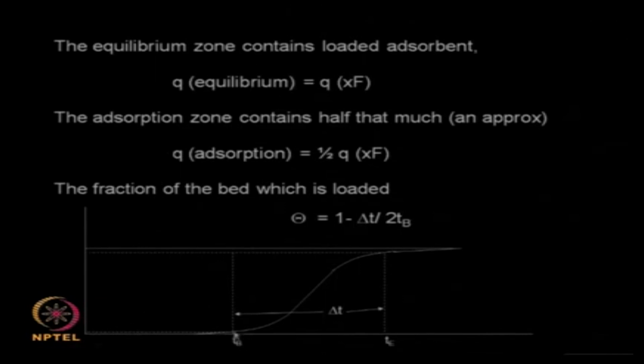By just looking at the breakthrough time and the exhaustion time, we can calculate the fraction of the bed which is loaded when the breakthrough happens, which is given by this relation theta equal to 1 minus delta t by 2 tb, where delta t is t minus tb. We can tell how efficient your adsorbent is in a tubular design, and if it is not very efficient we may plan to replace it with some other adsorbent. We will again look at some problems during the course of this particular downstream process.